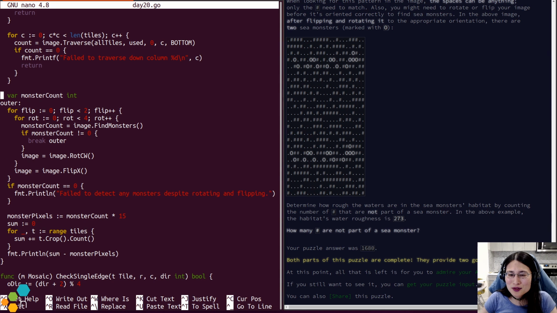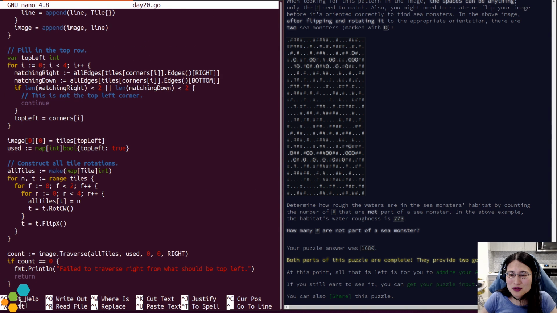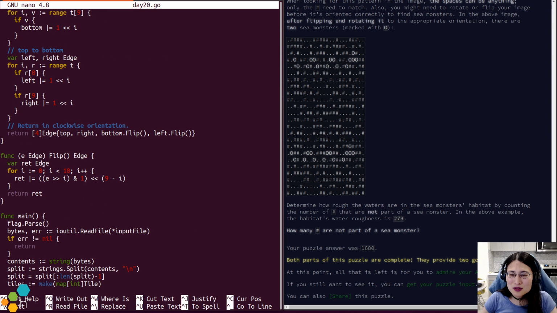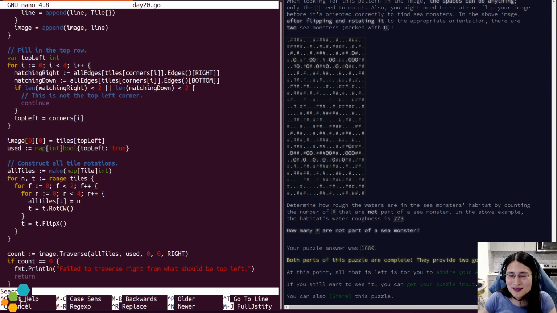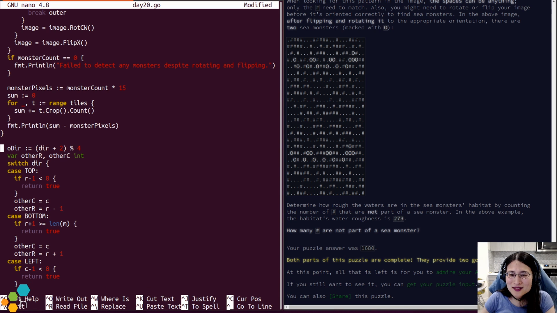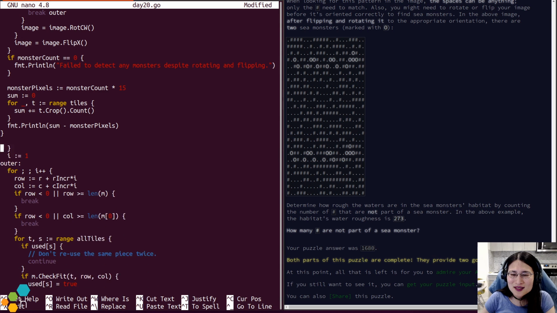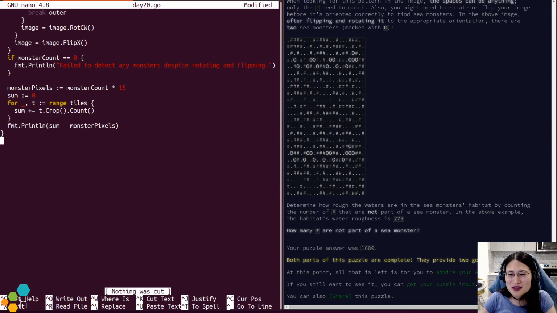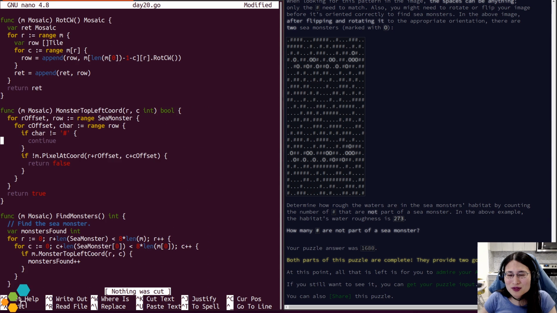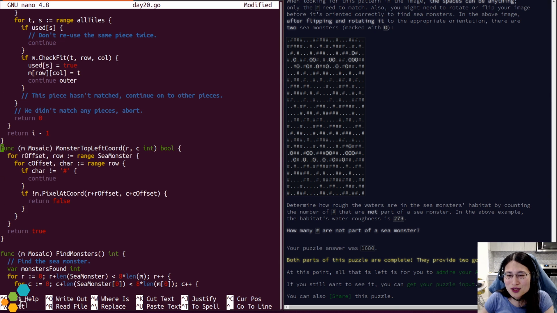Where is this code hiding? Okay, check single edge. All of these things should go with mosaic up here.